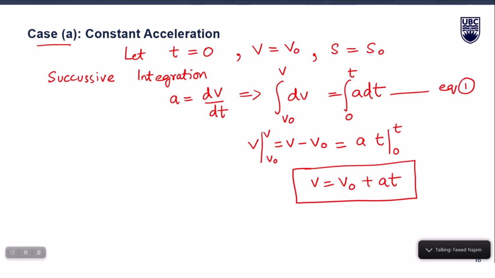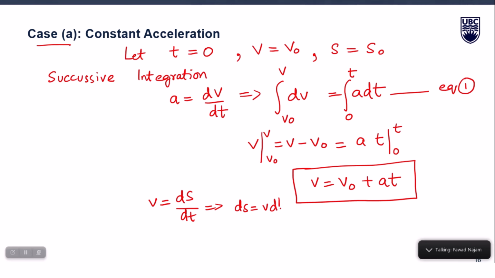So now what should we do? Integrate it one more time to get the displacement, right. For displacement we can apply equation 3, or we can also apply, for example, equation 1 first. So equation 1 is simply v is equal to ds by dt, or in other words ds is equal to v dt.